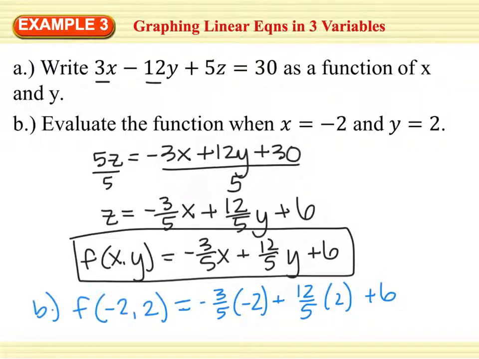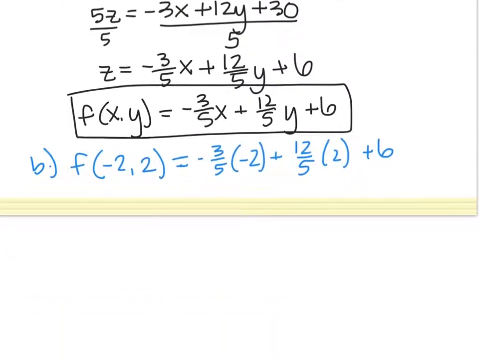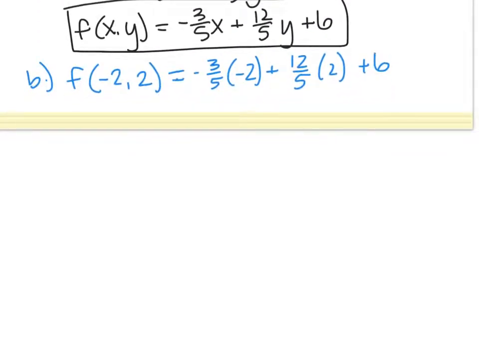So if we go ahead and simplify this now, we're going to be left with a negative negative is a positive. 3 times 2, because this is really over 1, is really 6/5 plus 24/5 plus 6.